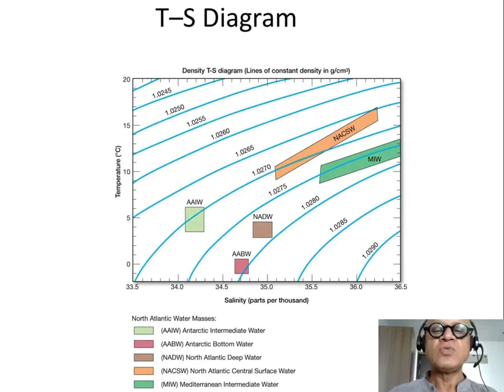Okay, so this is the temperature salinity diagram. As I said before in another context when we were looking at seawater properties, the relation is nonlinear. It's like a fifth order polynomial, which means the changes in temperature affect the density differently in the warm range and the cold range.